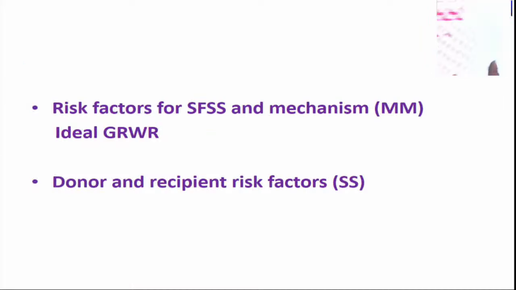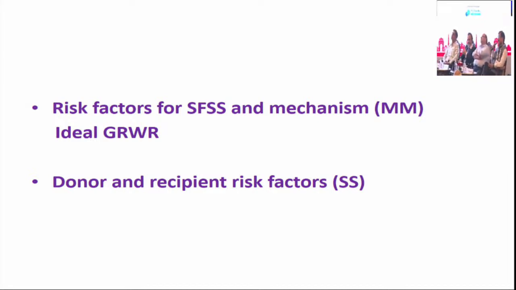So I think this is a very important point, donor and recipient risk factors. We always try to identify them, but mostly retrospectively you try and see what's happening. In my opinion, the important factors are perhaps elderly donors, those who are 50, 55 plus. Secondly, steatotic grafts.